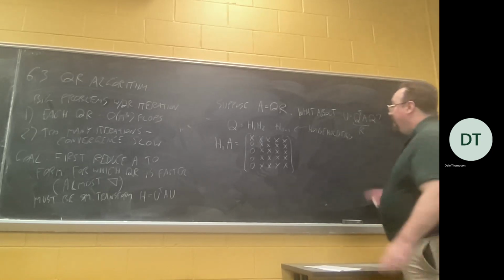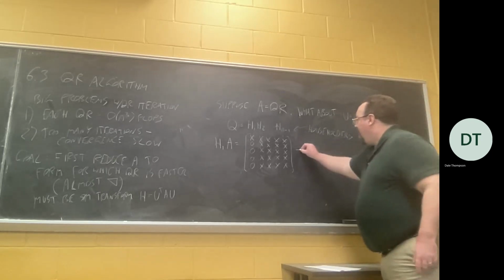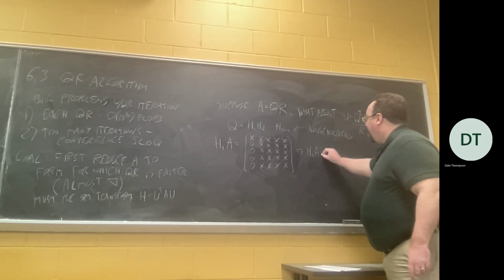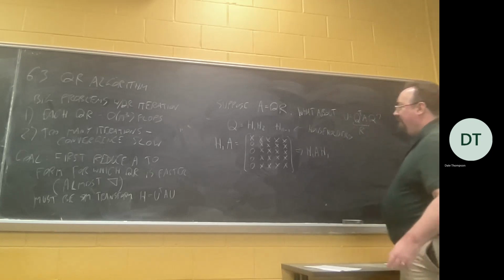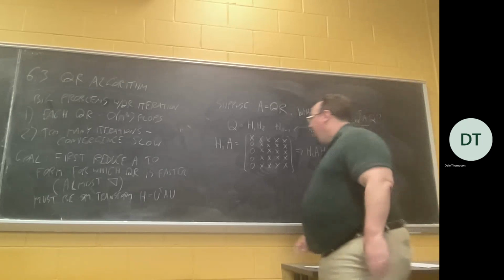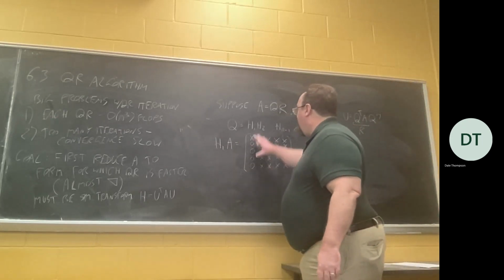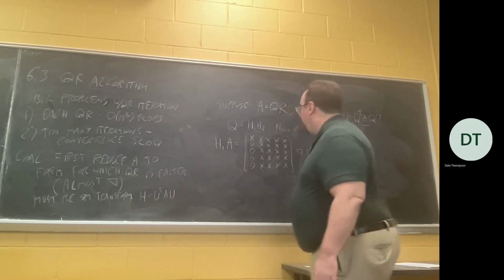Because I have to do a similarity transformation, I have to multiply by H1 on the right also. If you want, figure this as H1 transpose AH1, but a Householder is symmetric, so it doesn't matter. Now H1 manipulated all rows of A to make these entries 0.